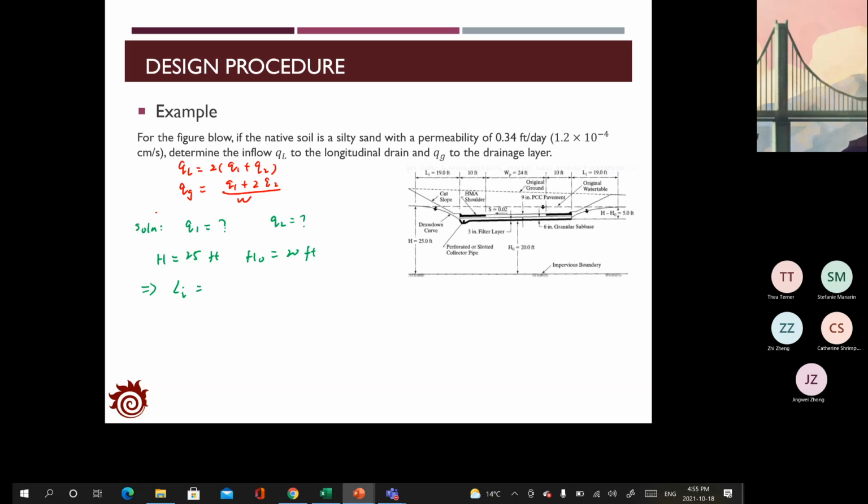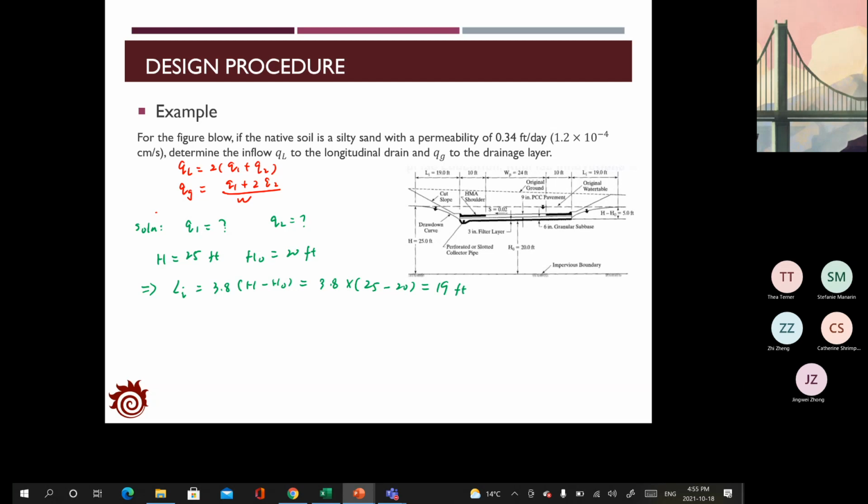Okay, let me just show this formula quickly. We have Li equal to 3.8 times (H minus H0), a linear function of capital H and H0. With H as 25 and H0 as 20, that gives us the value of 19 feet. So the distance of influence is 19 feet.